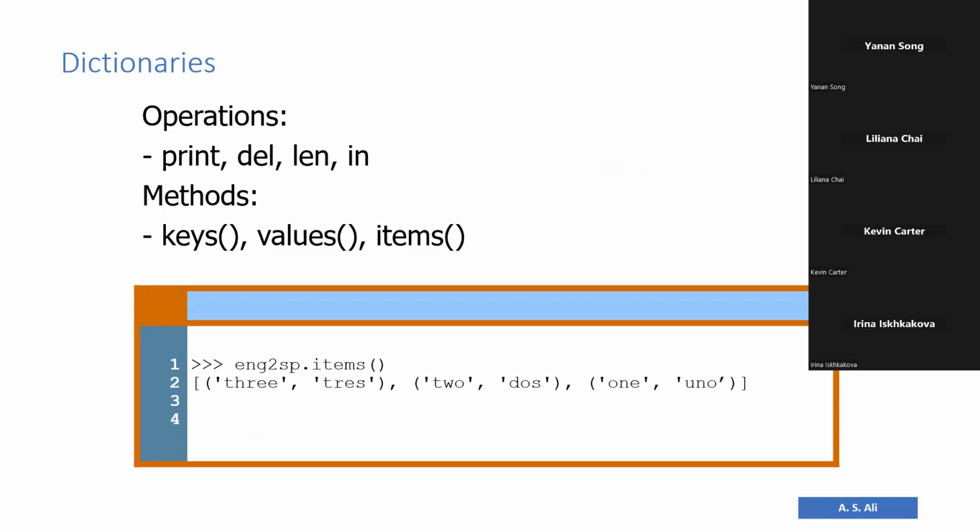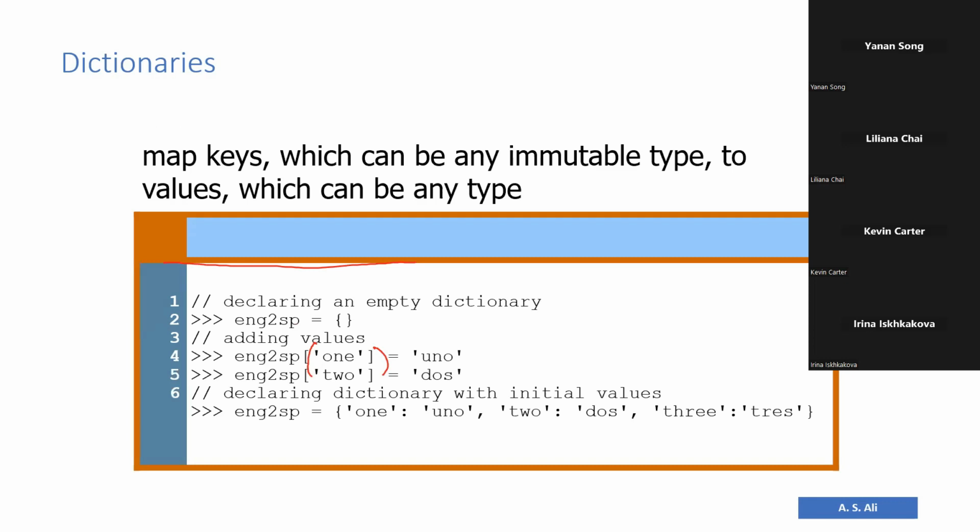All right. When you use the items method on this dictionary, because these are the methods you can use for a dictionary, it will print for you the items as tuples. These are our items. This will be the first, the second, then the third pair.